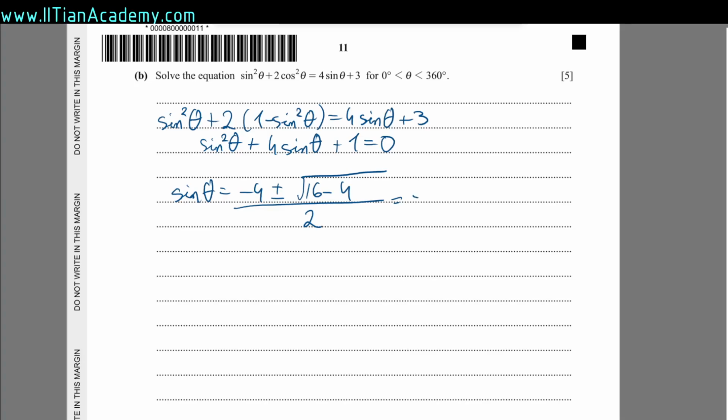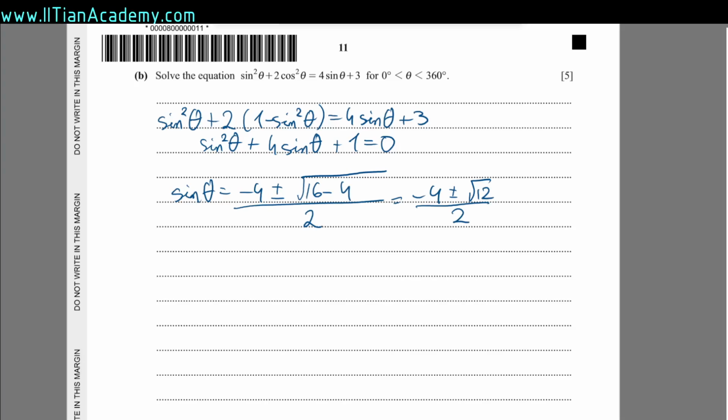So that's just minus 4 plus minus the root 12, and this is divided by 2. We could simplify this a little bit, but yeah, so it's in the plus minus.